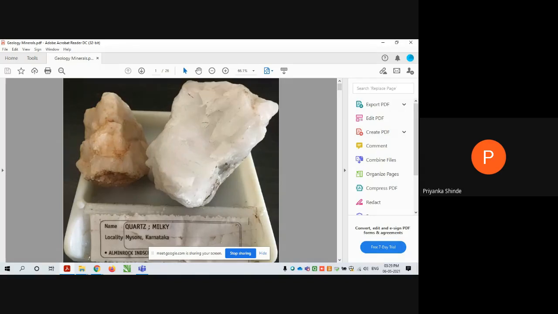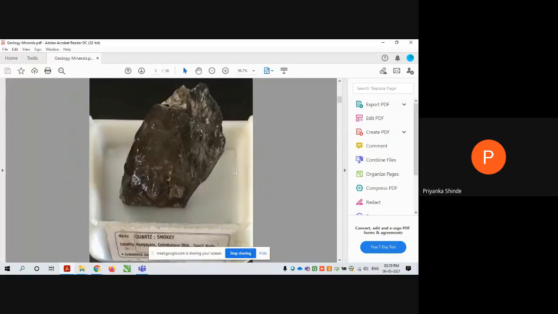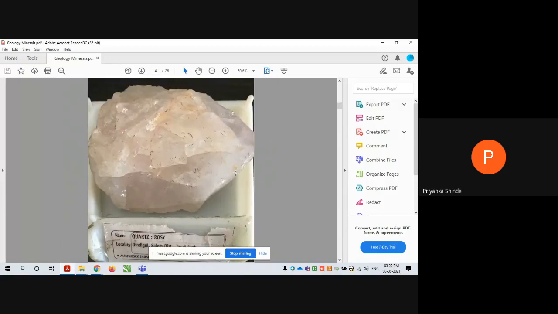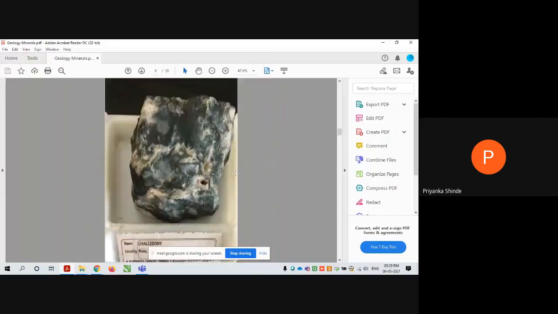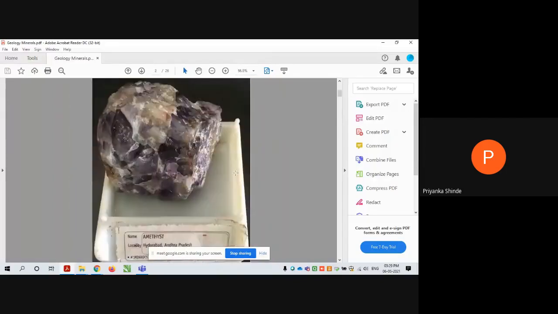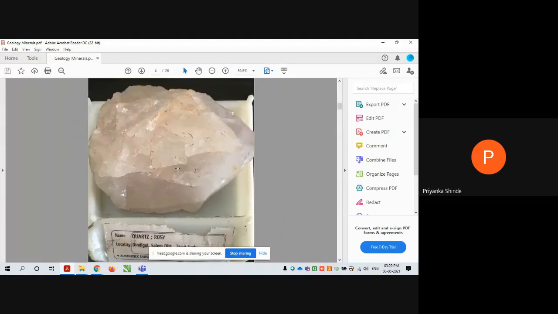Then next is luster. What is luster? We have discussed how the mineral surface looks in reflected light. If you see all these quartz varieties, can you see how the mineral surface looks in reflected light? Each mineral looks different. If you see this amethyst, this smoky quartz, rosy quartz, they shine like broken glass, right?